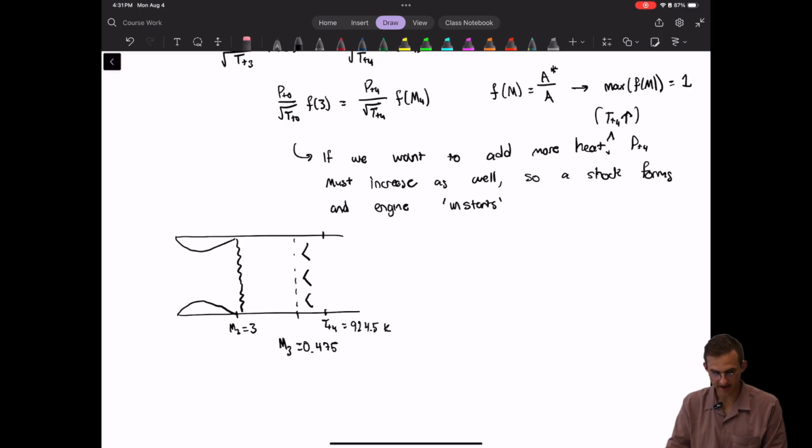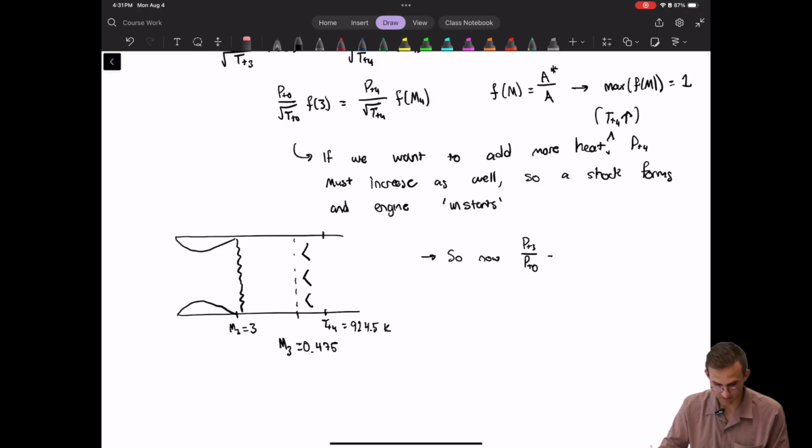Now the pressure ratio between station 3 and the free stream is not equal to 1, because a non-isentropic process, a shock really, to be precise, is happening between the free stream and station 3.